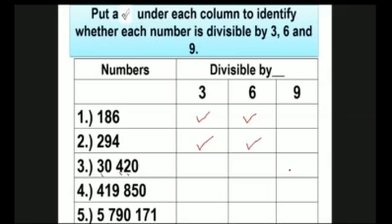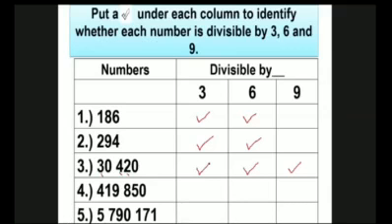And that is divisible already by 9. So is it divisible by 6? Yes, it is divisible by 2, it is divisible by 3, and therefore it is divisible by 6. If the number is divisible by 6 and 9, that is for sure divisible by 3.